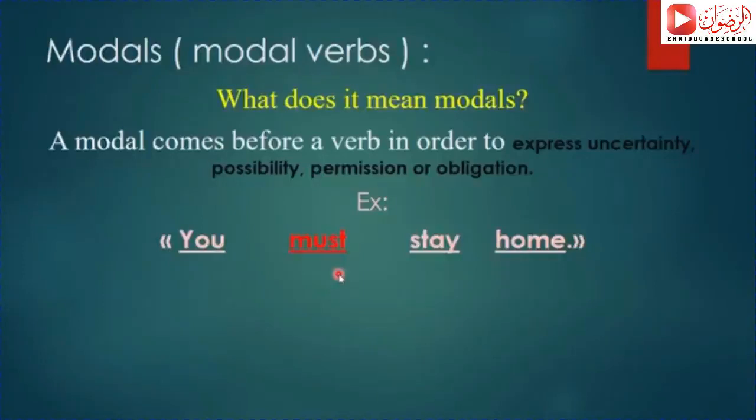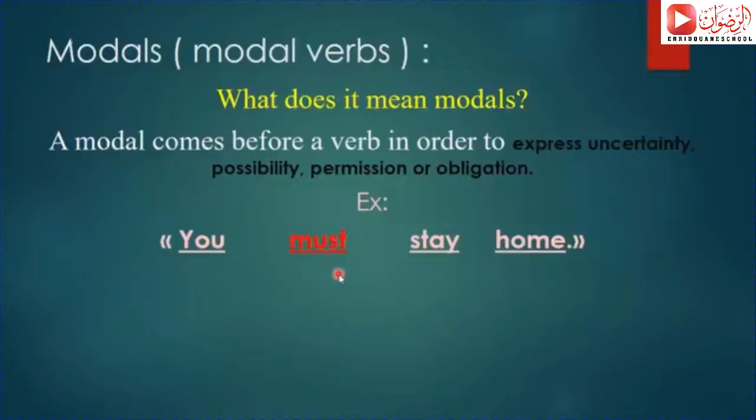You must stay home, for example, because the coronavirus is spreading around. So to not get touched by this virus, you have to stay home. In order to protect ourselves, we must stay home.